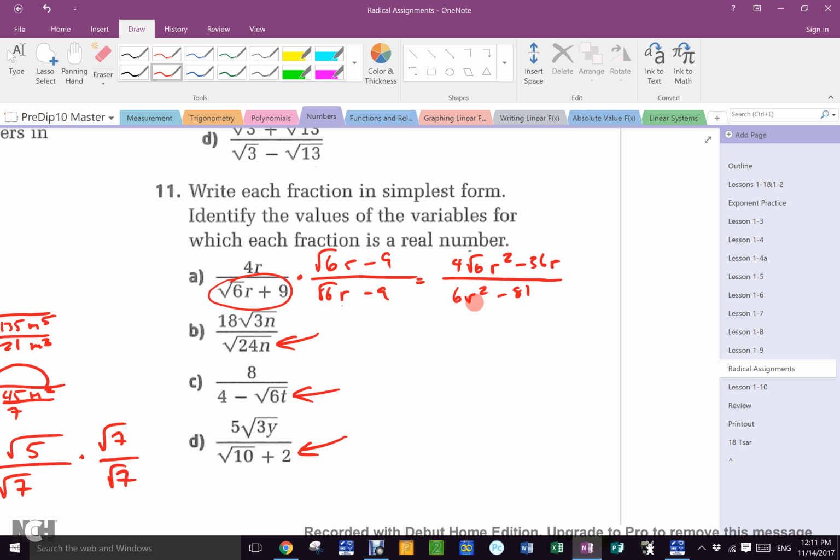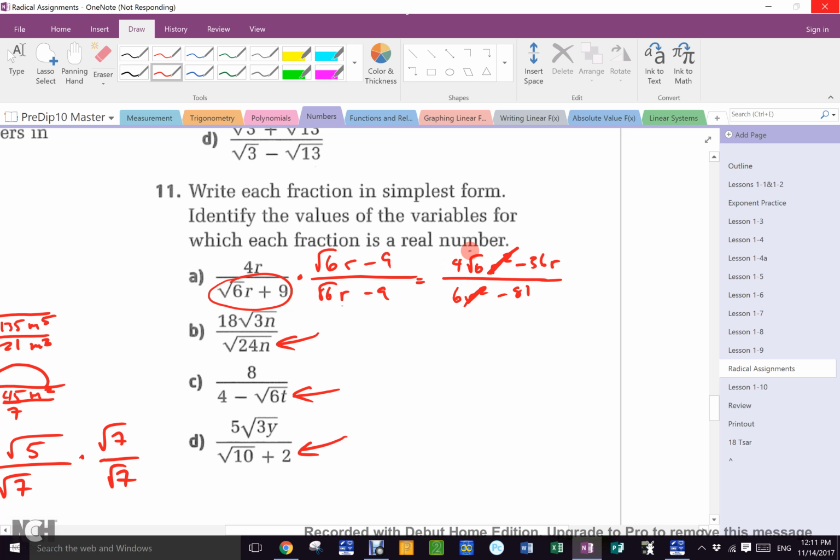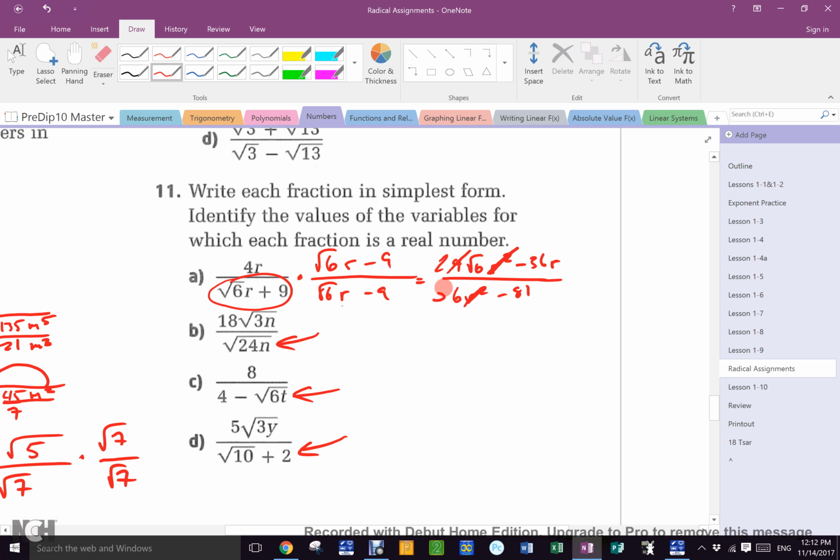And then here, we would try and simplify this out. So the r's are gone. r squared and r squared are gone, right? 4 and 6 simplify to 2 over 3, so 6 is gone.